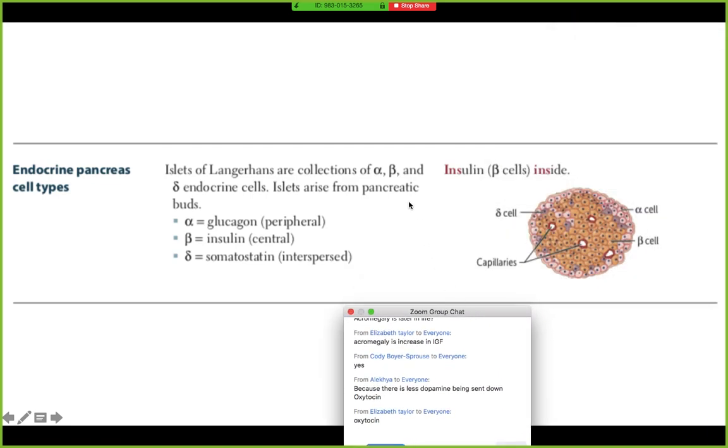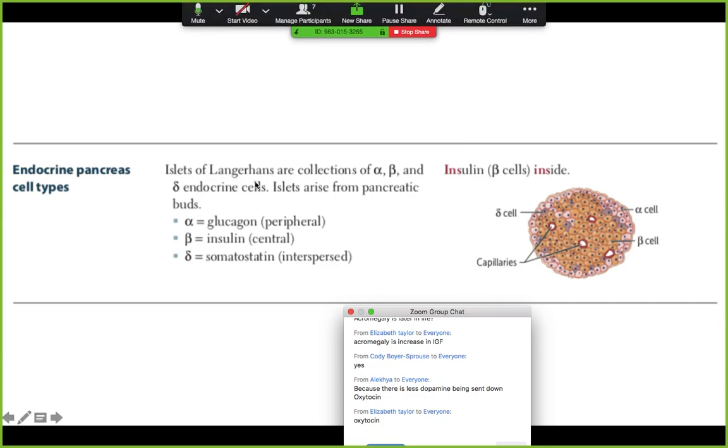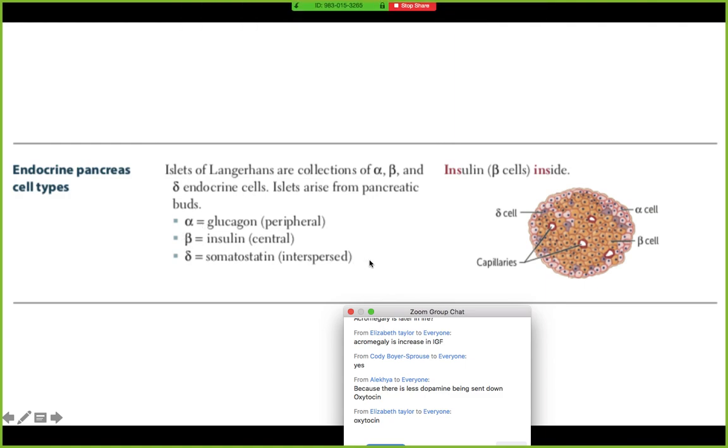So he went into quite a bit of detail here, but as long as you remember your basics, you'll be fine. Your beta cells are going to be located centrally, and he described those as your Beyonce, who wants to be the center of attention.